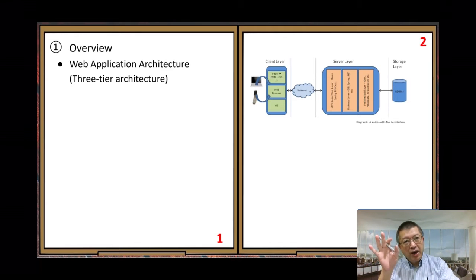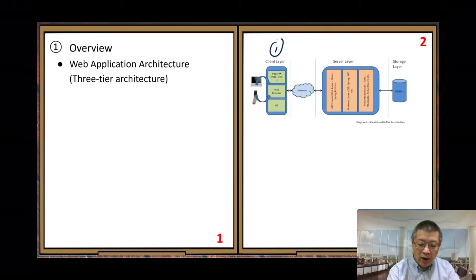From the diagram here, you can see there are three tiers. Tier number one, then the internet, we do not count it as a tier, because it's the infrastructure there. We just use that internet infrastructure.